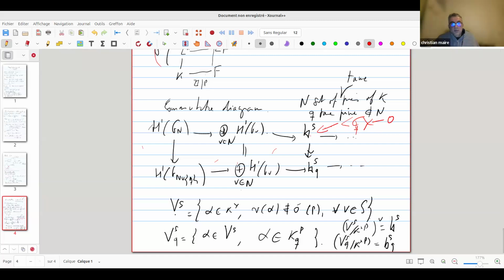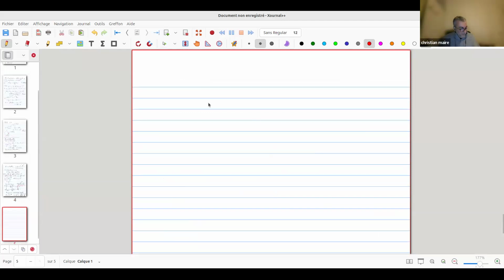And now here is the deal. Just focus on the small square. So what is this square? The sum over V in S, in N, of the H1 GV.